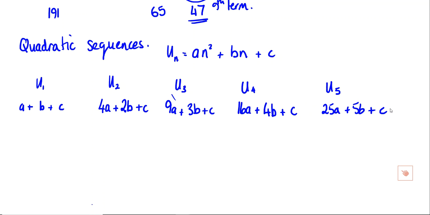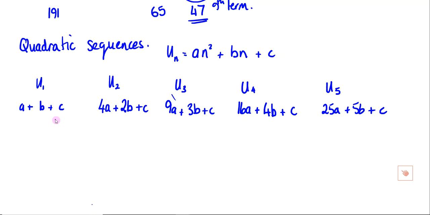So my sequence, whatever the numbers are, they should relate to these a's, b's and c's, whatever a, b and c would be. Maybe it'll make more sense when we've gone through the process. What do we do when we try and find a general rule for a sequence? We first look at the pattern, which is we look at the difference.